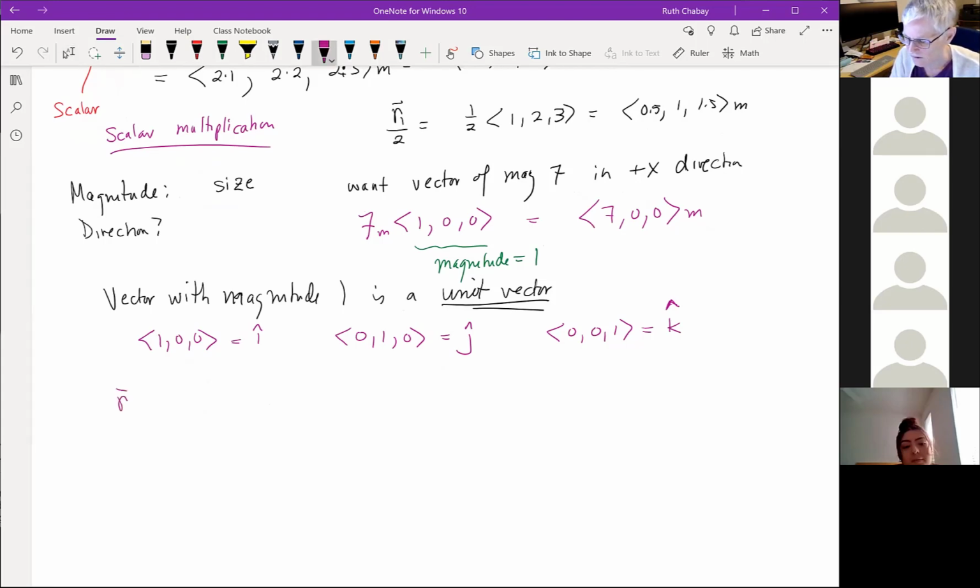Suppose our vector r is our friend 1, 2, 3 meters, and we want a unit vector r hat. Anything with a hat is a unit vector.